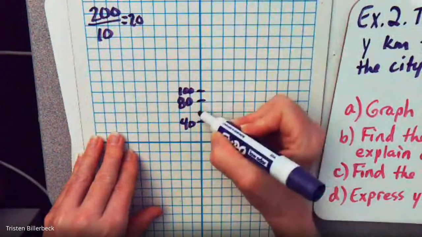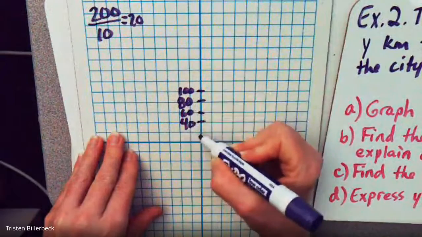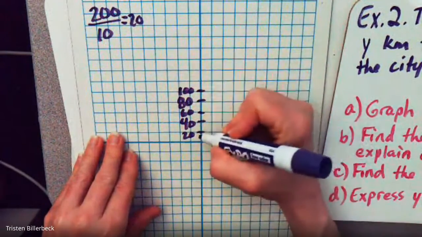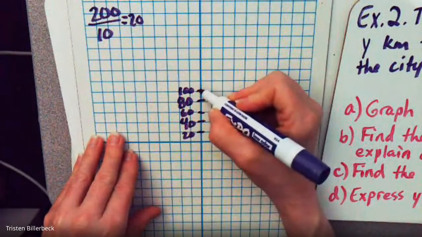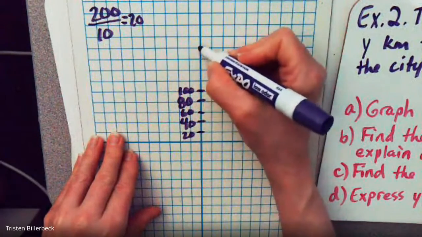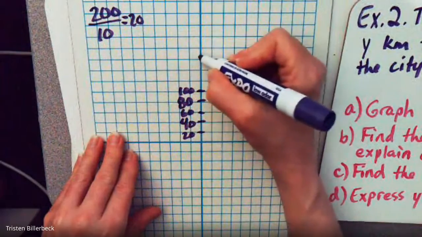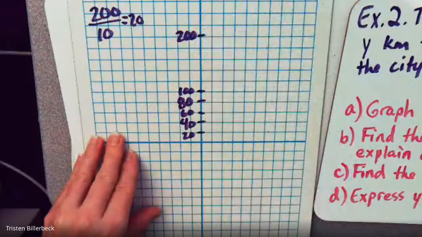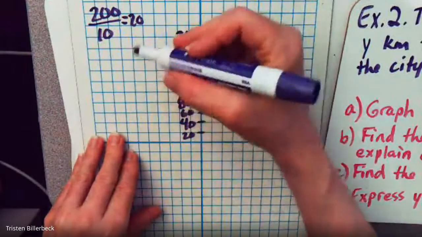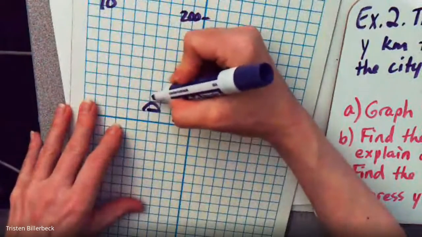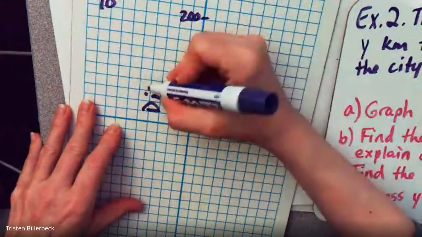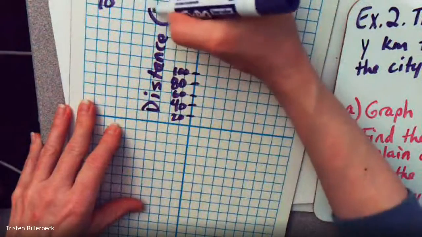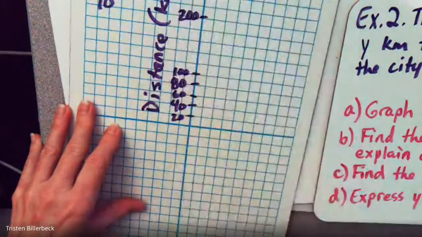It can be really crowded if you write every one. So that's why I'm skipping. So that's 1, 2, 3, 4, 5. 1, 2, 3, 4. 1, 2, 3, 4, 5. So that's 200. Okay, so this is going to be distance in kilometers.